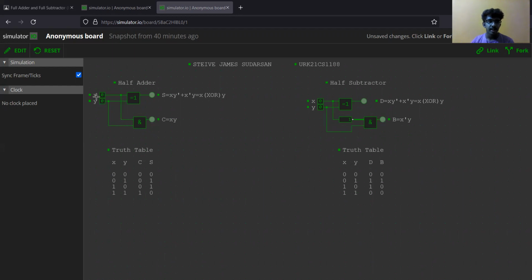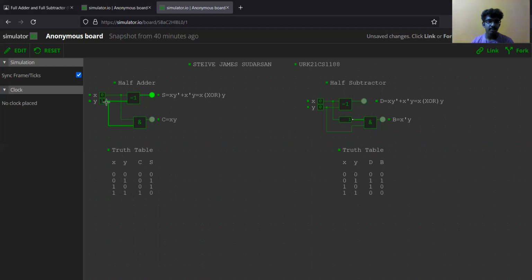So now we can verify these with the truth table values. I'm taking x and y both as 0, so the bulb doesn't glow for either, and we can conclude it is 0 and 0. Now I'm changing the value to x as 0 and y as 1, where we can see that S glows. When I take 0 and 1, the sum value is represented as 1 where the bulb glows.